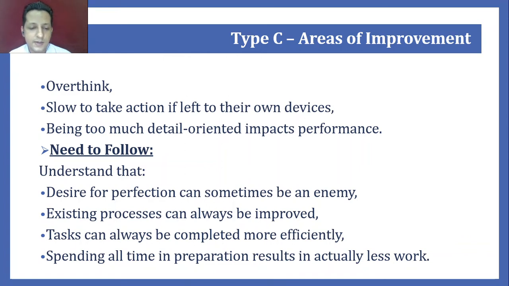But then you need to remember that things can always be improved. You also need to think about one thing, that you can always complete tasks more efficiently. So the next time when you feel that, oh, this can still be improved, keep in mind the limitations of time and place. And finally, you should also think that spending all time in preparation results in actually less work.